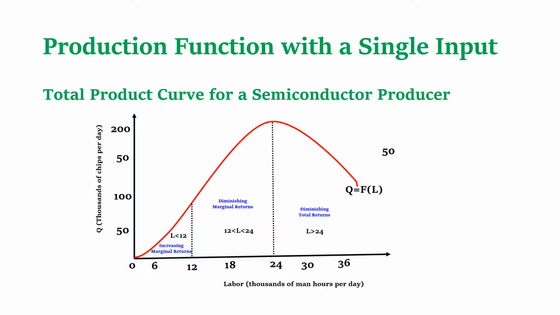So here, output will still be increasing, but it is increasing at a decreasing rate. It is no longer increasing at an increasing rate. It is no longer increasing rapidly here. The reason it is not increasing rapidly is because diminishing marginal returns to labor are setting in.